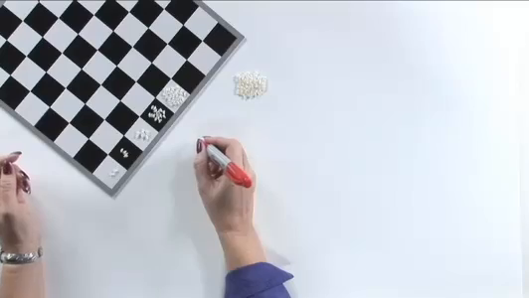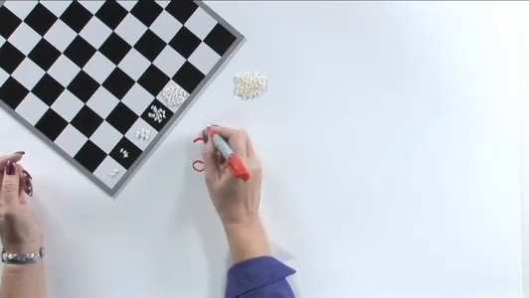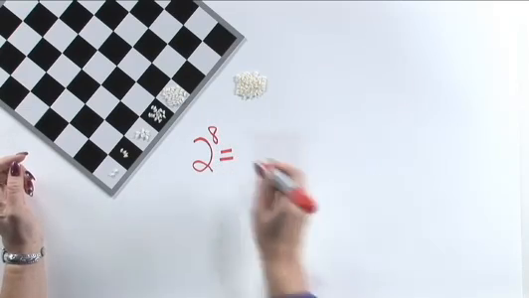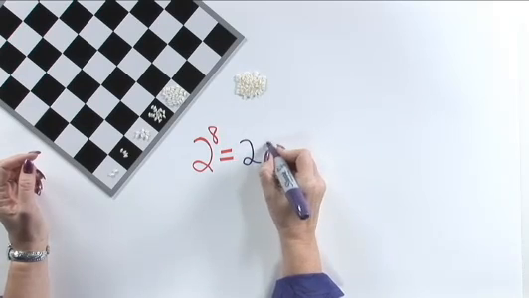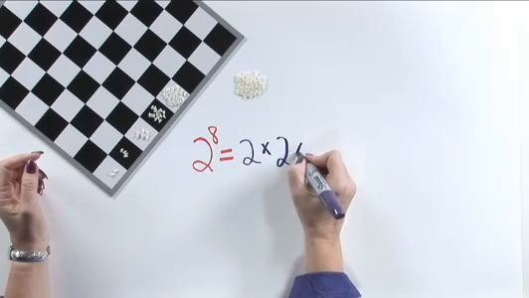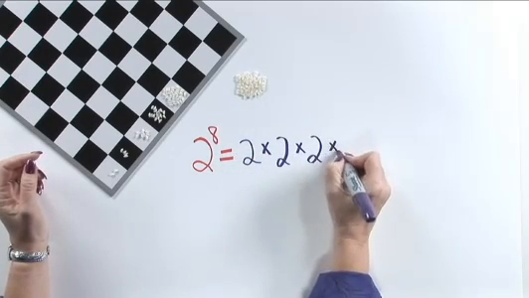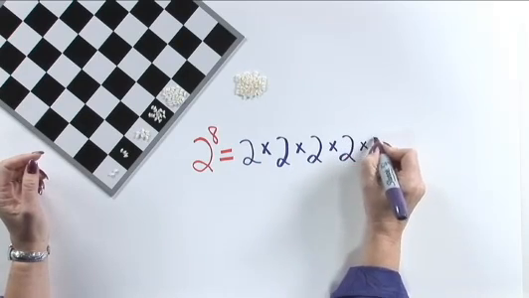We notice that the days correspond to our factors. So 2 to the 8th would be 2 being multiplied by itself 8 times. And you can see in our chart how that pattern can be done. So 2 to the 8th would mean I have 2 multiplied by itself 8 times.